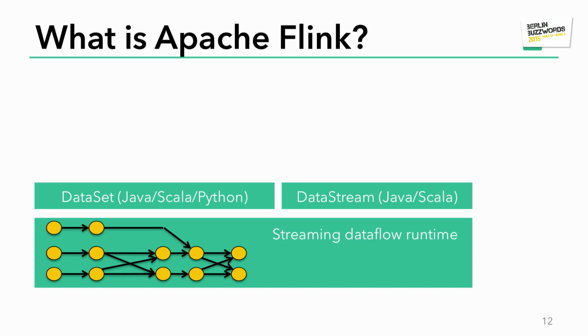But it is actually noteworthy that batch processing is a special case of stream processing. When you do batch processing, you can think of having a finite stream, for example. And there are some special code paths in Apache Flink which make the batch execution more efficient, or speed it up.